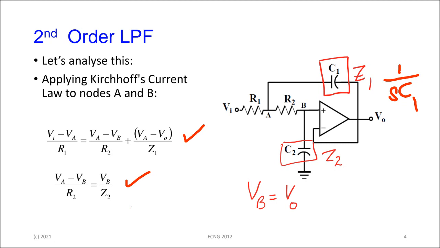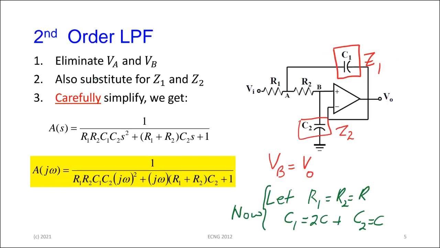And of course, we know because of the behavior of the op-amp, that will be the voltage appearing at node B. So if you know that, then you have to eliminate VA and VB from the solution, then substitute for Z1 and Z2, and then carefully simplify. Now, I'm giving you this.